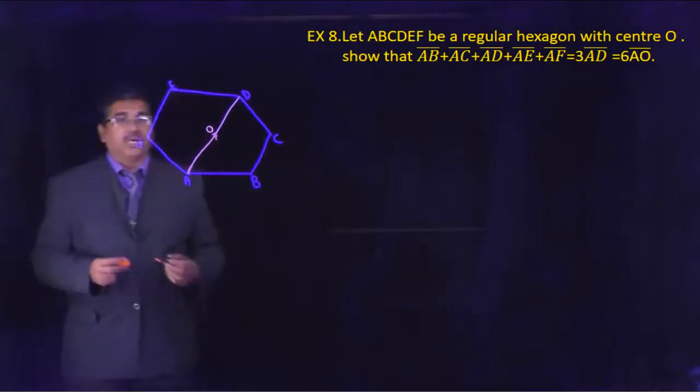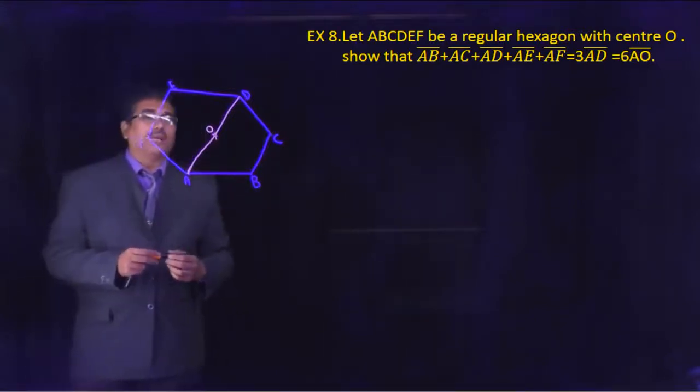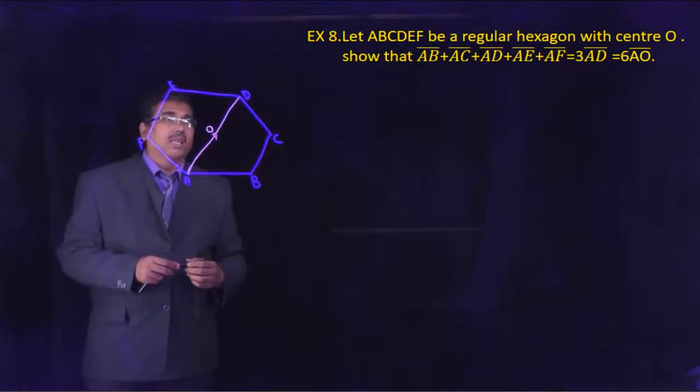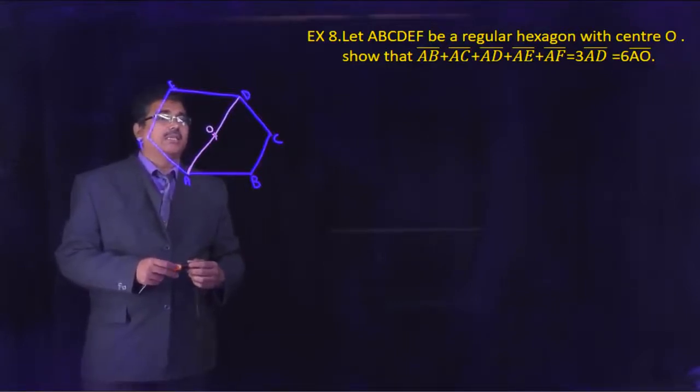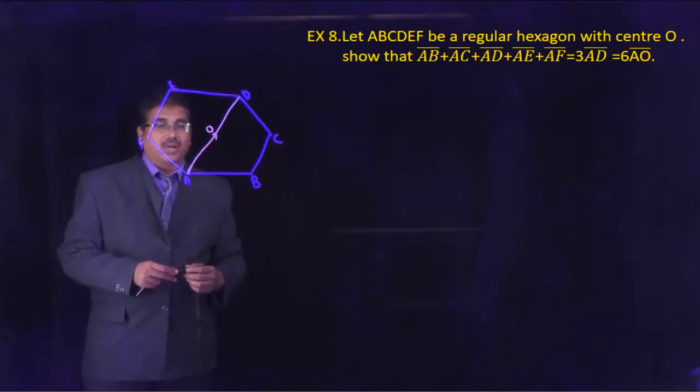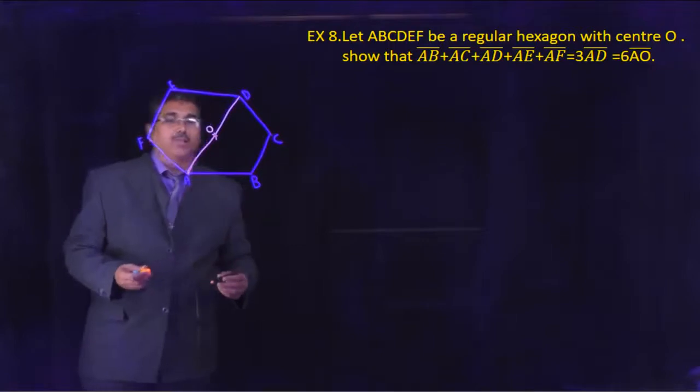Now here we want to show that AB bar plus AC bar plus AD bar plus AE bar plus AF bar is equal to 3 times AD bar.